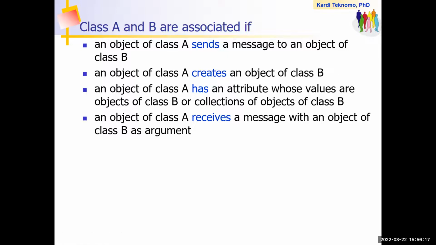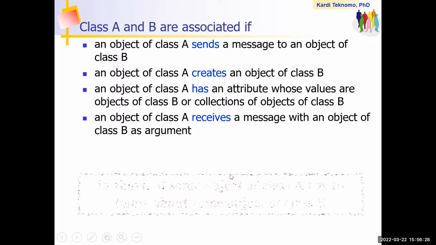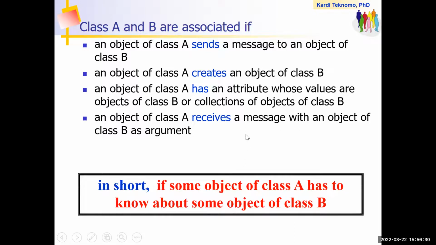That kind of association, send message, create, has, receive, is actually part of the association. In short, if one object has to know something about another object, that is called association.